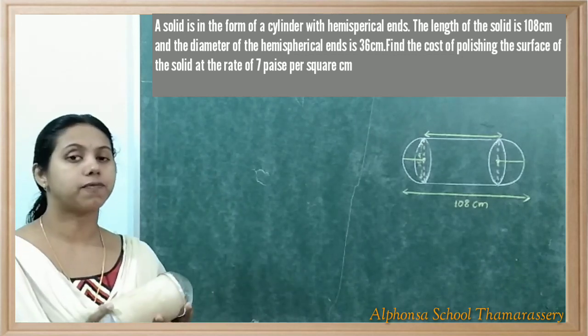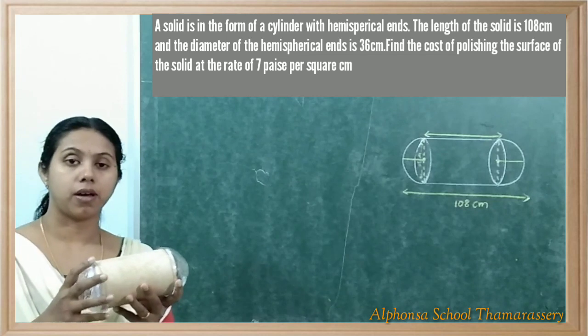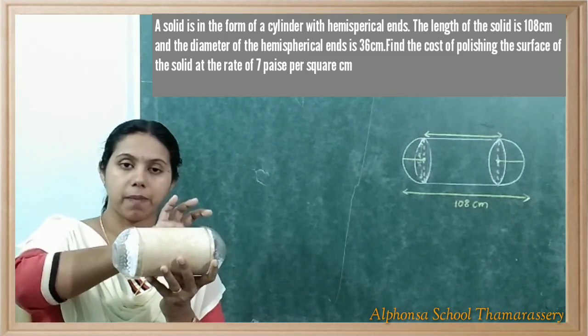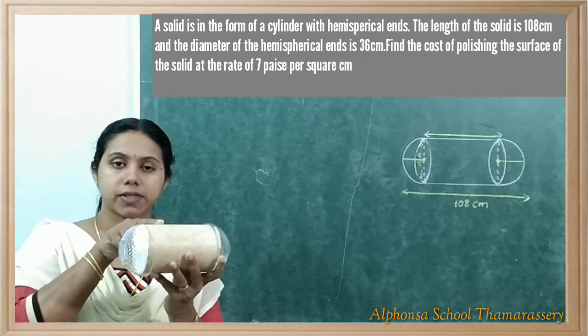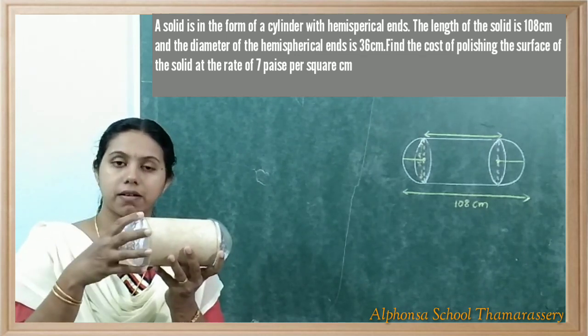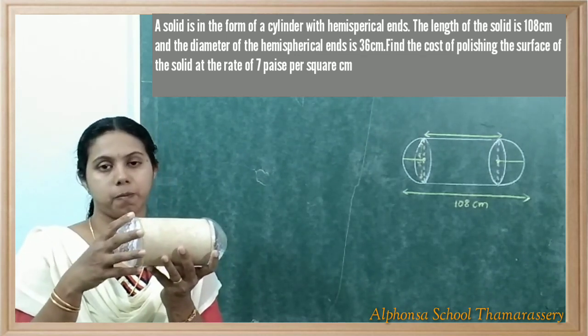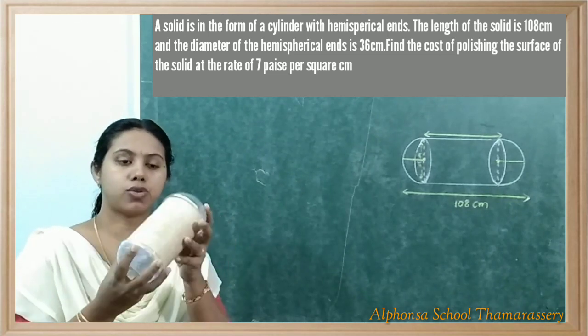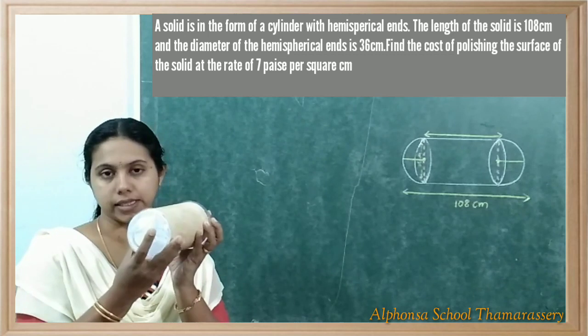So the total surface area of the solid means the curved surface area of hemisphere and curved surface area of cylinder plus curved surface area of hemisphere. So this is the shape of that solid, a cylinder with two hemispherical ends.